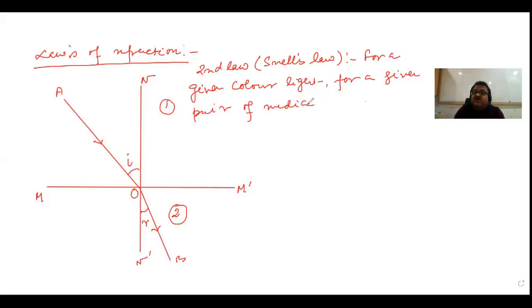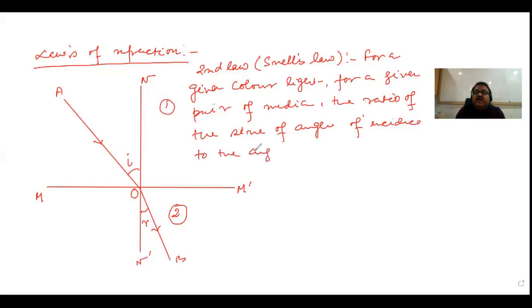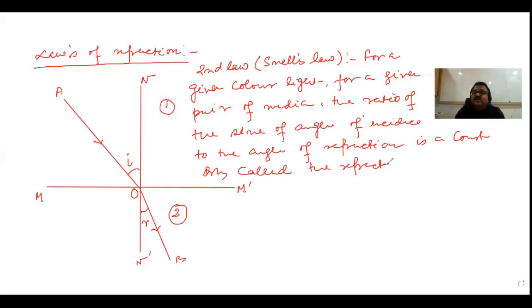For a given color of light, for a given pair of media, the ratio of the sine of the angle of incidence to the angle of refraction is a constant quantity called the refractive index of medium 2 with respect to medium 1.